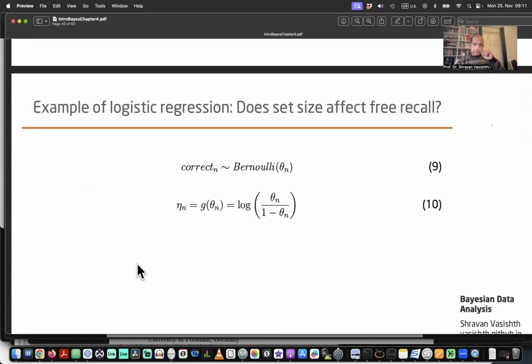What we're trying to do here is assume a Bernoulli likelihood. That means our dependent measure is 0 and 1 responses. Each row in the data frame is assumed to come from a Bernoulli distribution, and the probability of producing a correct response, the value of theta, is going to be specified by row.